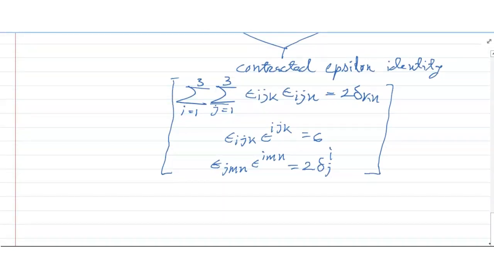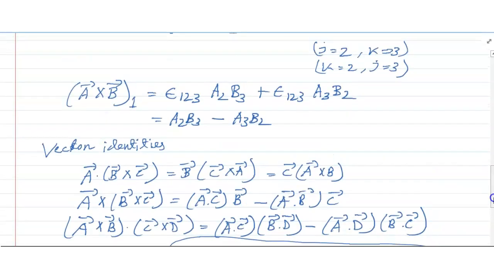Now the vector identities are very useful. I hope you remember these formulas, you should never forget them. These vector identities are very useful when you are trying to manipulate vector equations.